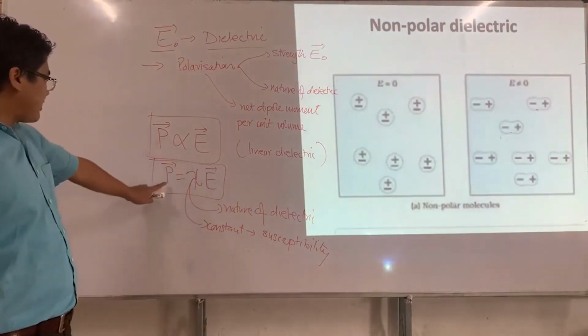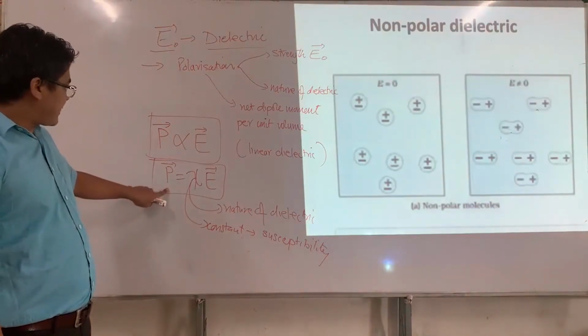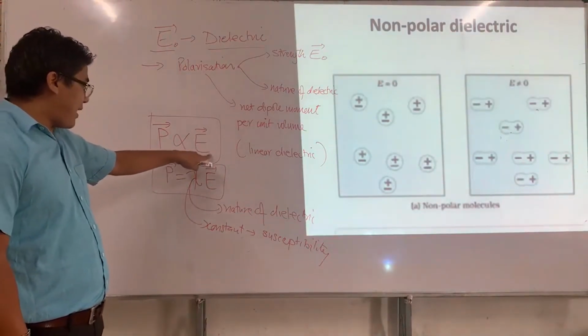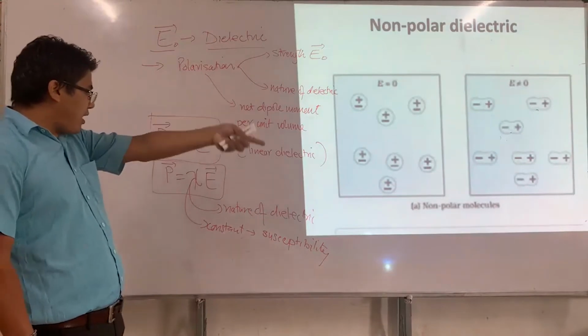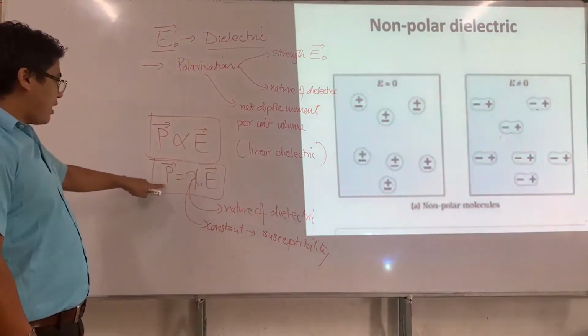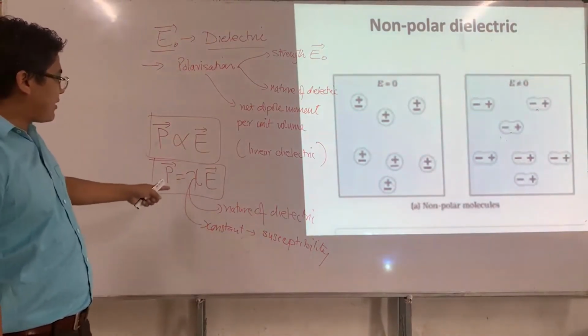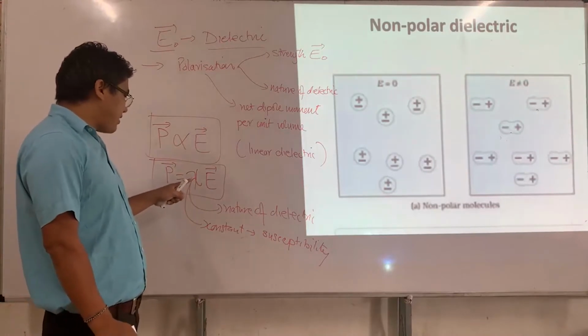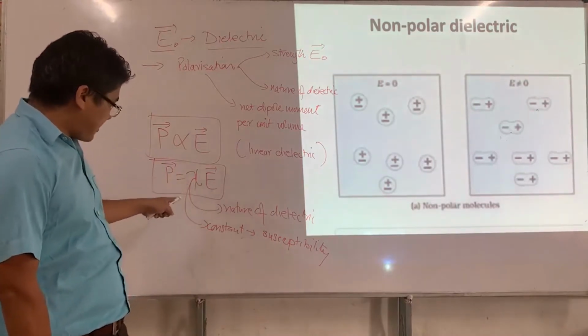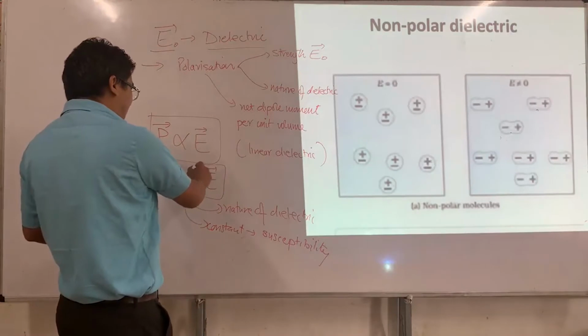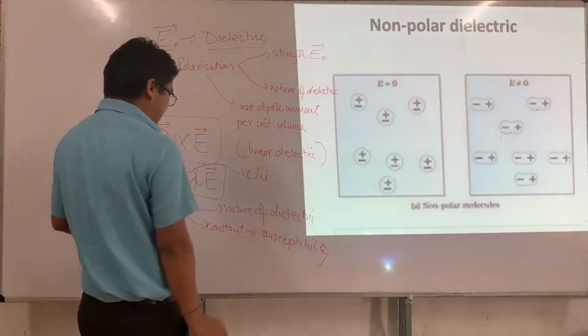So polarization is directly proportional to the externally applied electric field. The more field is applied, the greater the polarization, and the nature of the material is defined by susceptibility, the Greek letter chi.